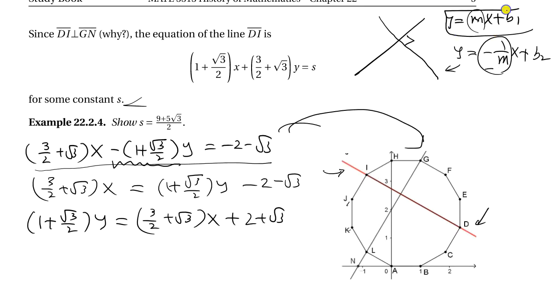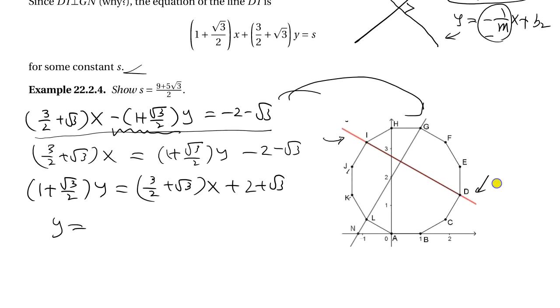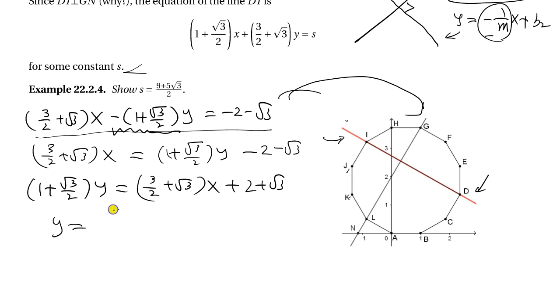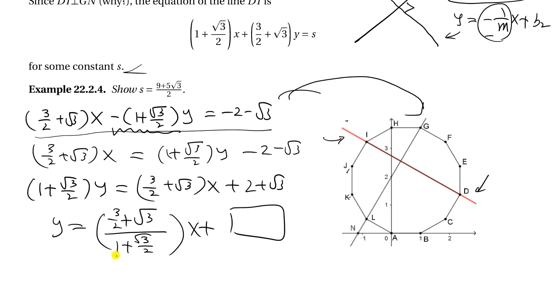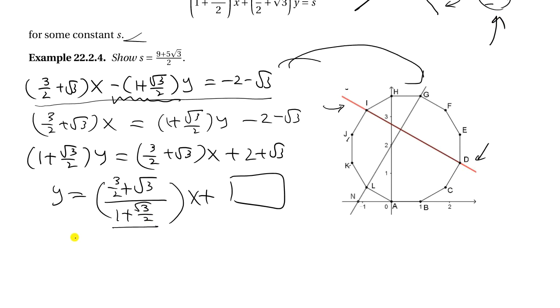To get that kind of form, slope and y-intercept format, let's divide both sides by 1 plus square root of 3 over 2. So (3/2 plus square root of 3) over (1 plus square root of 3 over 2) times x and whatever, which we don't need. All we need is just m, right? We found that, then we need to take the reciprocal of it, with a negative. So the slope of this new line is the negative reciprocal of that.